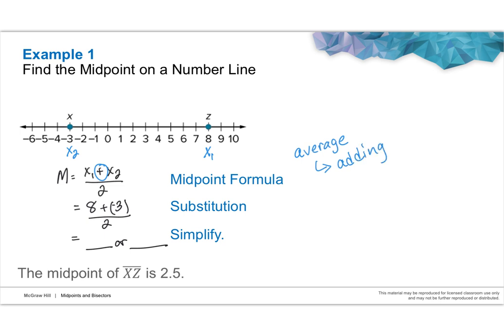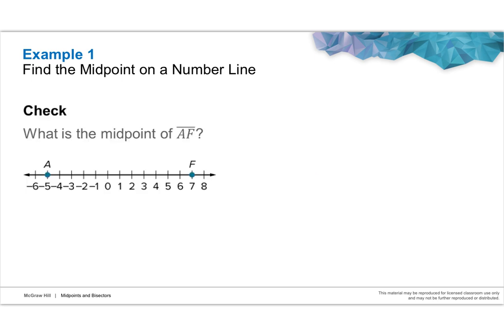Regardless, when you substitute those values, you will see that we get 5/2, or we have a second blank you can fill in as 2.5. Go ahead and make that a decimal since it's a terminating decimal. So the midpoint of XZ is 2.5. And so we'll go ahead and plot that point right on the number line. And that certainly does appear to make sense.